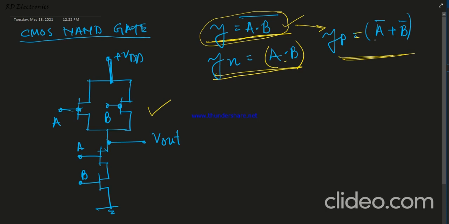So now here two PMOS, whose input is a bar plus b bar, that means this is a bar, a complement, one PMOS, and this is b complement. So this upper network is known as the PMOS equivalent network.